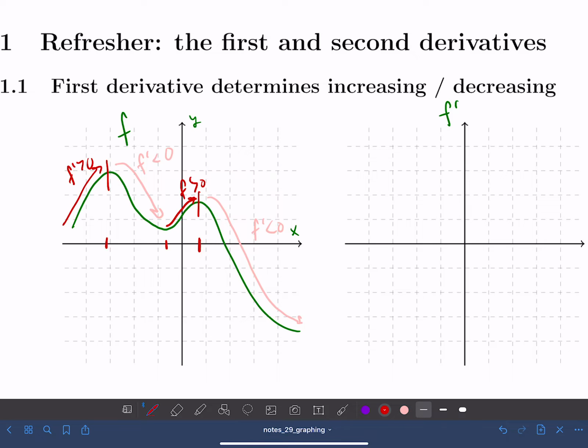Let me call them, say, C1, C2, and C3. And f prime is going to be bigger than 0 or less than 0 on the different intervals. So let me replicate where C1, C2, and C3 are on my picture of f prime that I'm going to construct right now.